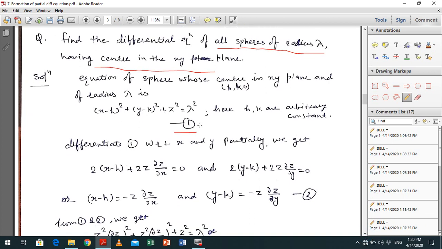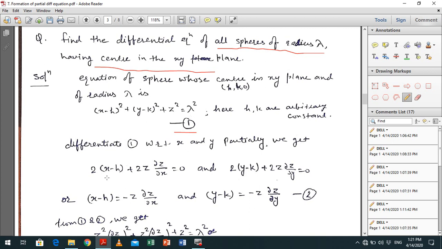When we differentiate this with respect to x, we get twice x minus h plus 0 plus 2z, as z is a function of x and y. So we differentiate z with respect to x, which gives 2z del z upon del x, equals 0, as lambda is constant.